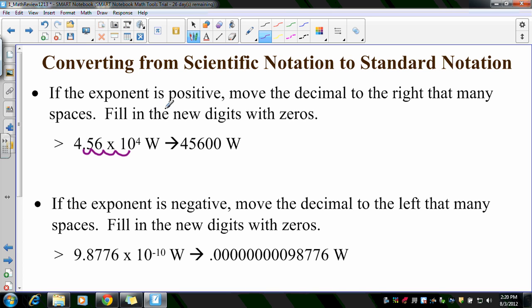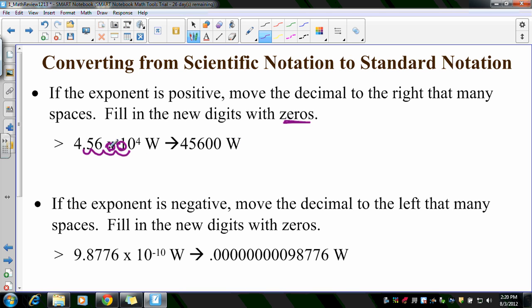And then we fill in any remaining empty spots with zeros. So that's not empty, that's not empty, but we have 1, 2 spots that are empty. So we get 4, 5, 6, 0, 0 watts.